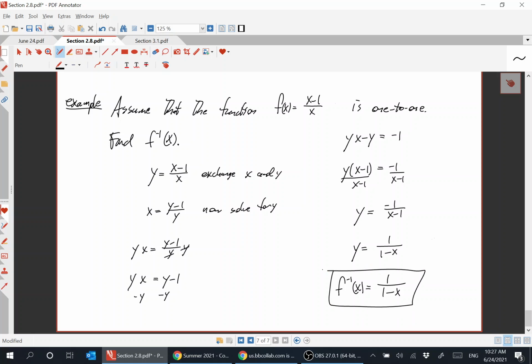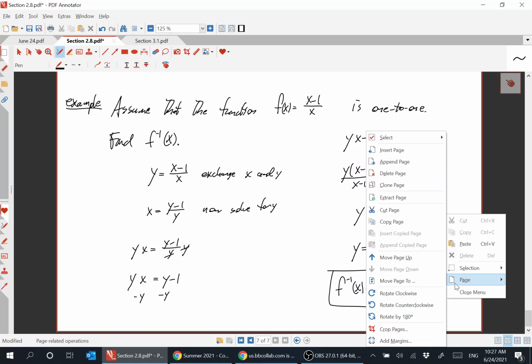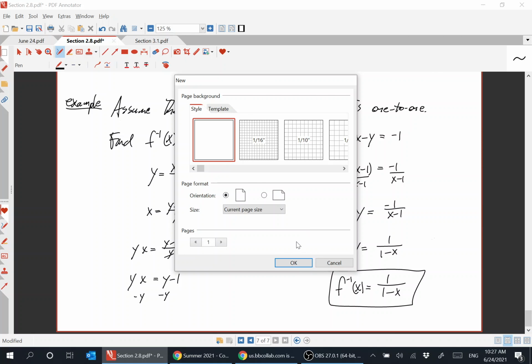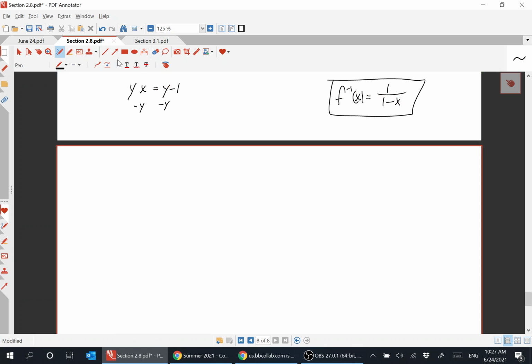All right, and this process that I've described here will work for any rational function of the form linear polynomial divided by linear polynomial.